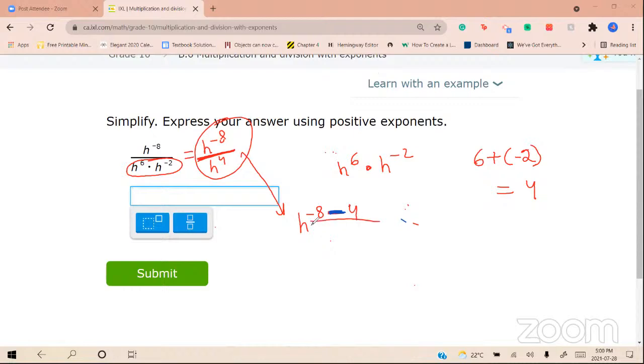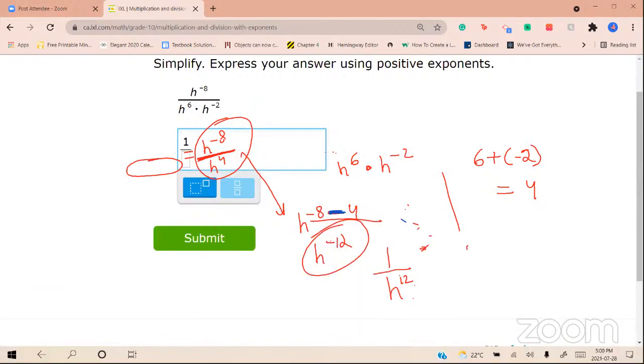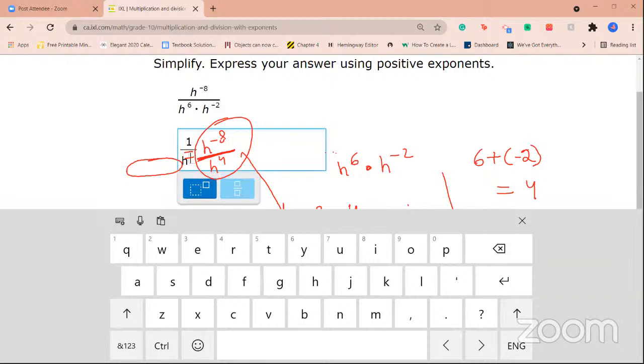So what's -8 minus 4? It's going to be -12. -12, very good. Okay, and if you were to write h to exponent -12, it's the same as 1 over h to exponent 12. Yes. Okay, so 1 over h to exponent 12.